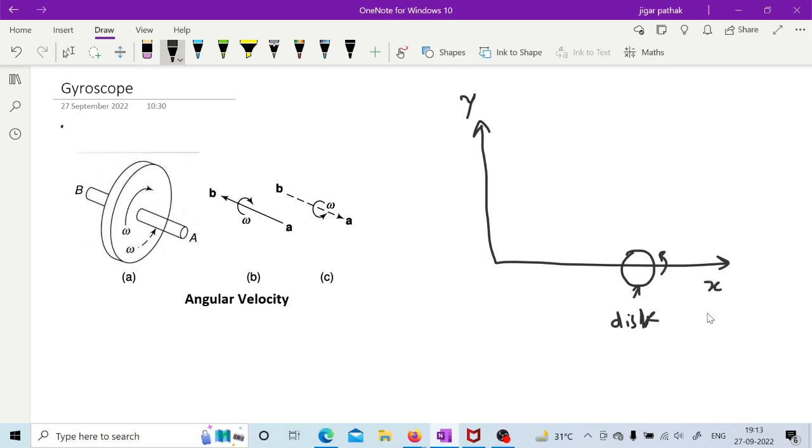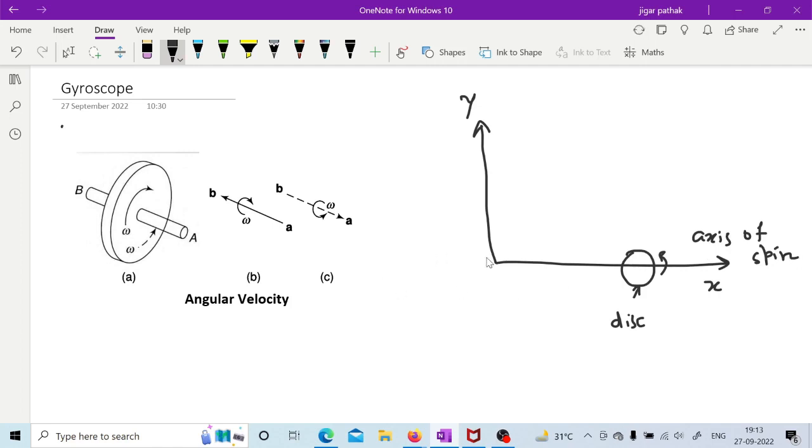Here, if this disc is rotating about the x-axis, then this will be the axis of spin for this element.